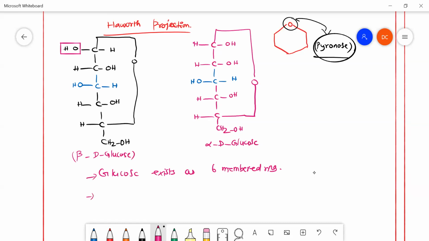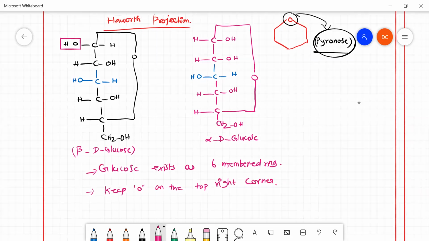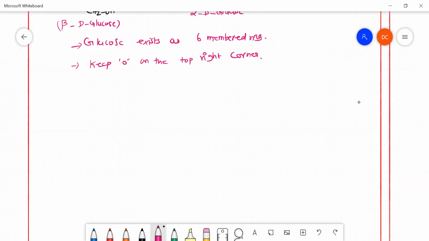You have to keep the oxygen in the top right corner while writing the hexagon. So a six-membered ring is nothing but a hexagon. Then we have to start numbering the carbon from the right side.